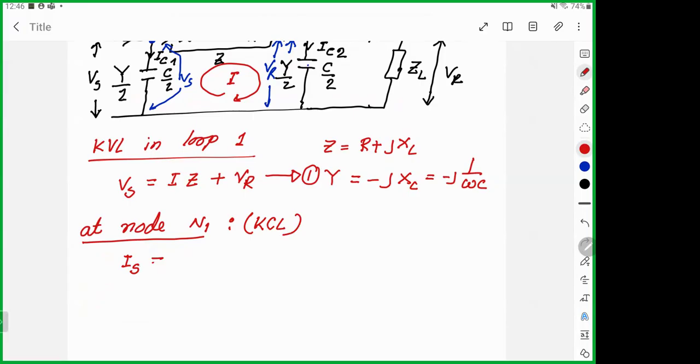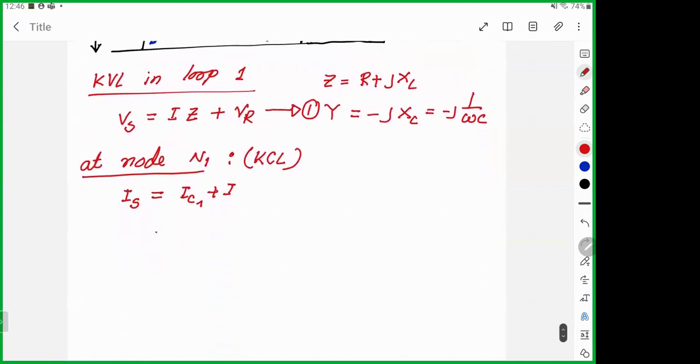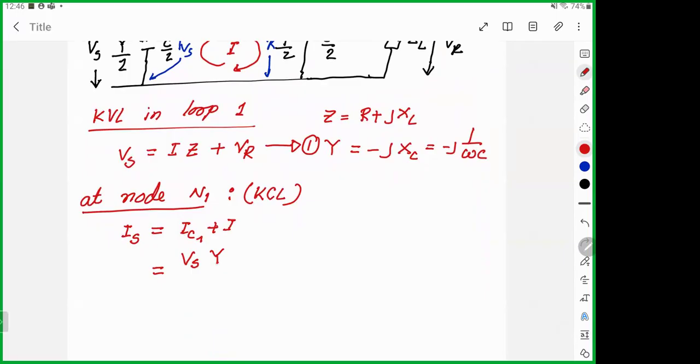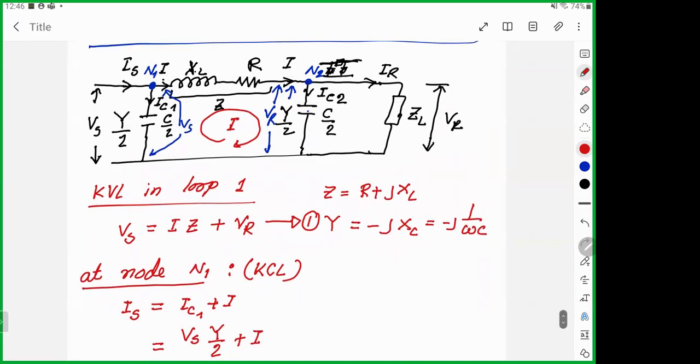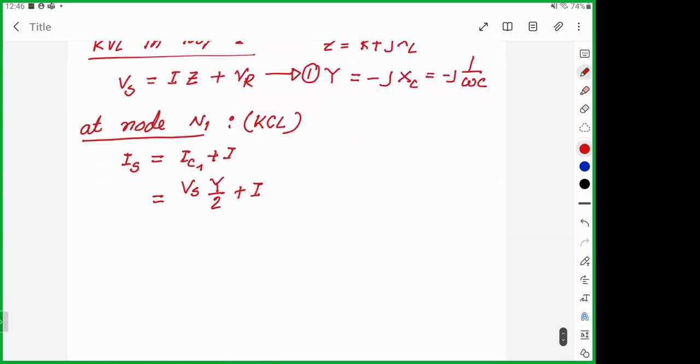KCL will give me IS equal to IC1 plus I. IC1 I can write as equal to VS, my supply voltage, multiplied by Y by 2, plus I. And I in this case would be IC2 plus IR at node 2.